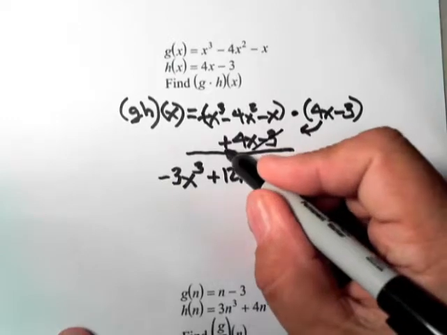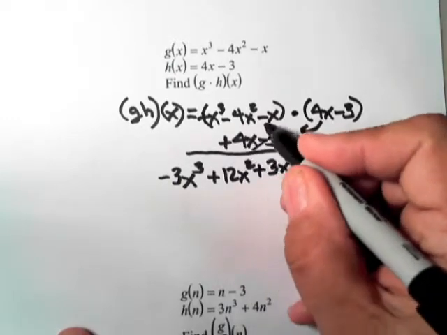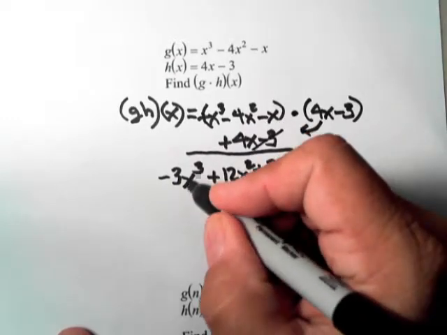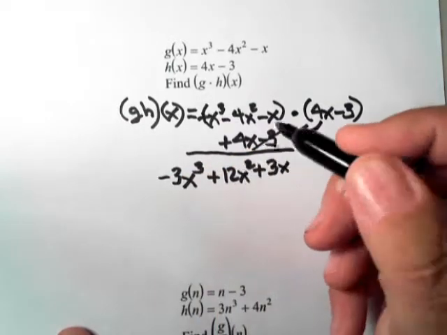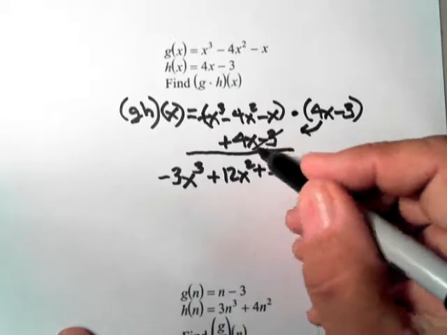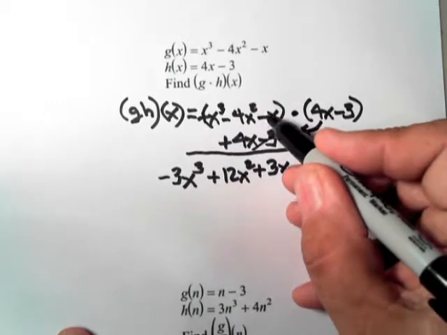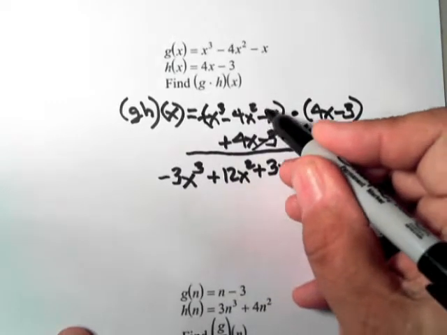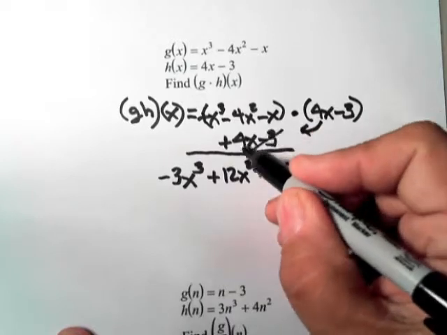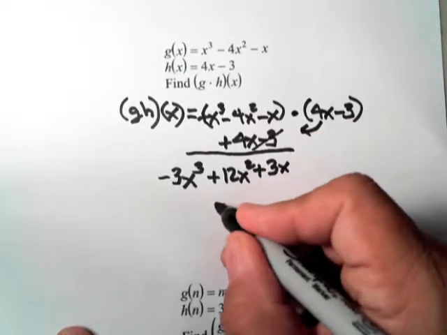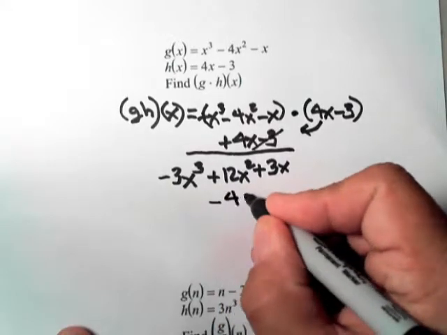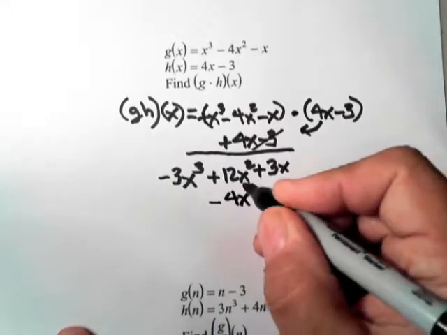Move over to the next one. Multiply everybody by plus 4x. And remember to line them up under like terms to make it easier for you. So, for instance, plus 4 times negative, and negative 1 if you want to think of it that way, is negative 4x squared. Well, this is the x squared column. So I'm going to write it right here.